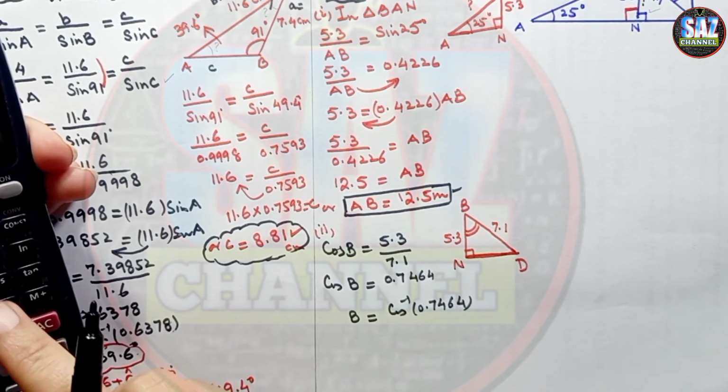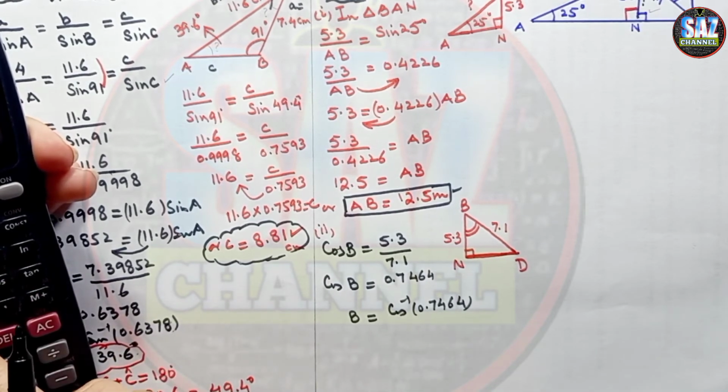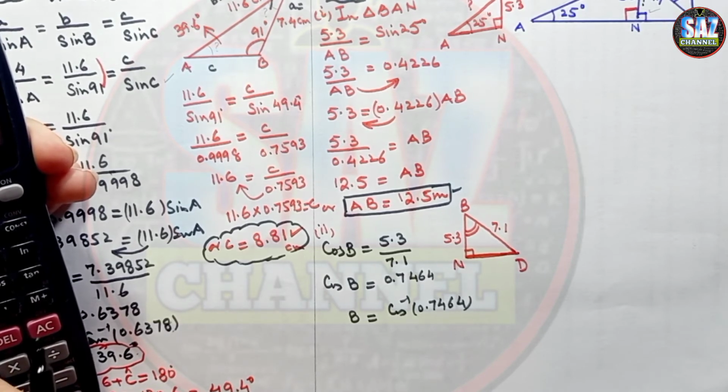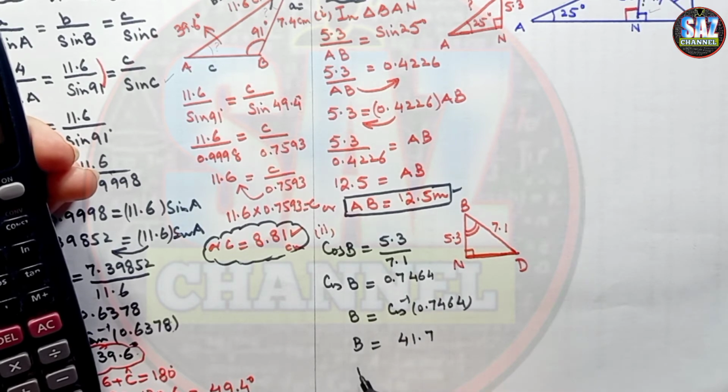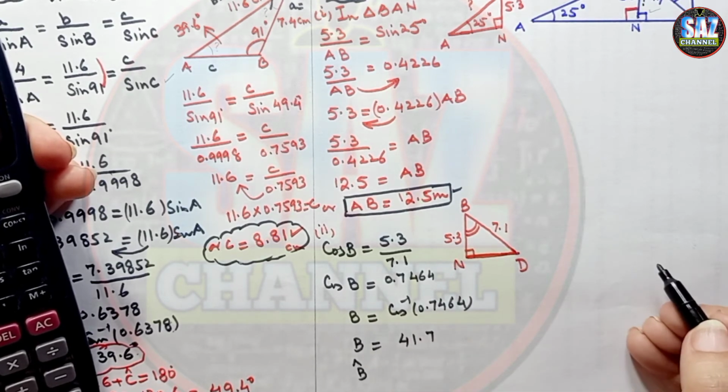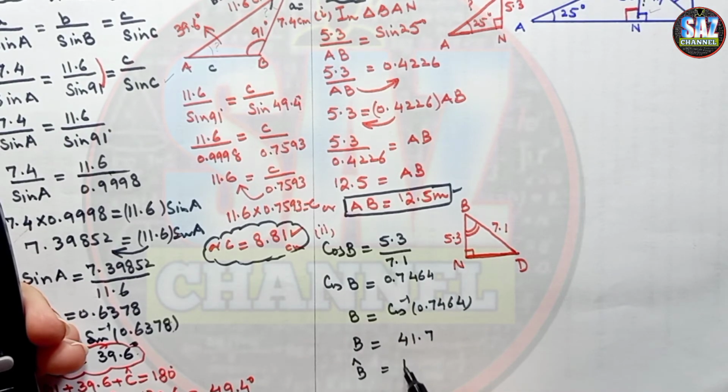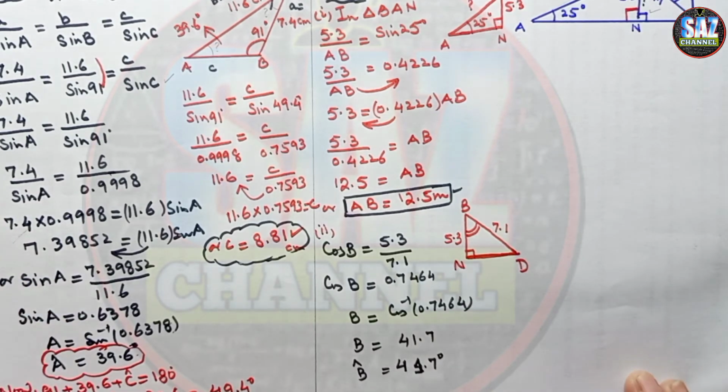Press shift and then cos, and close the bracket, and this gives me angle B equals 41.72. So angle B equals 41.7 degrees. I hope you are clear about this working, and let me block this answer first.